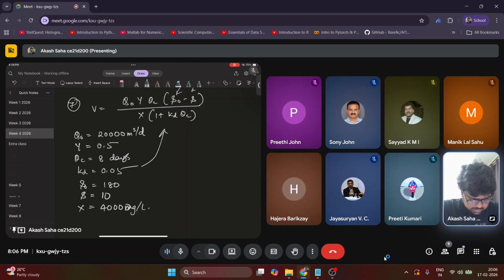Sorry, I didn't get your point. I was asking whether we should keep the units as in the question, milligrams per liter for X, or change them. No, generally in this equation it will be stated as milligram per liter. You don't have to convert anything, because ultimately in the numerator you have S in milligram per liter, and in the denominator you have X, also in milligram per liter, so both will cancel out with each other.